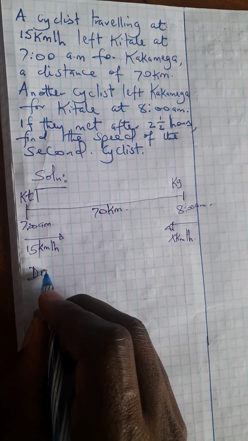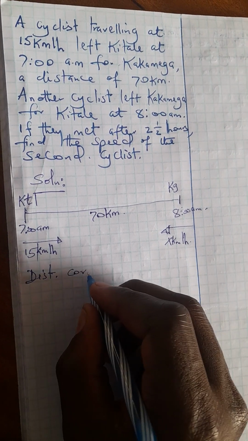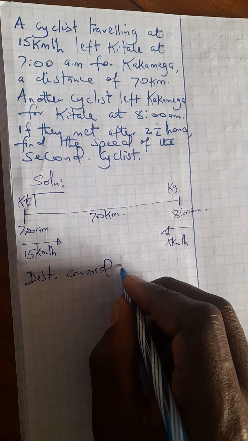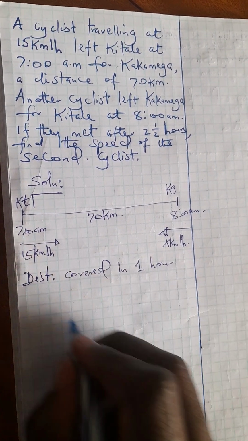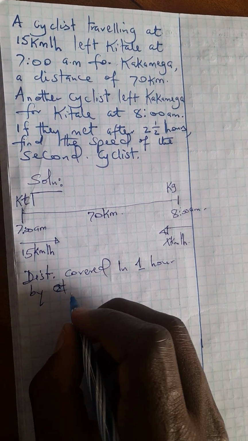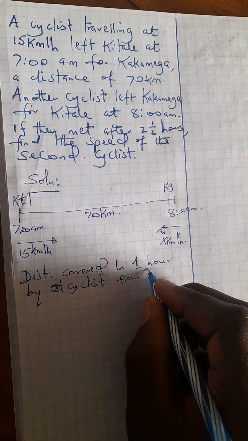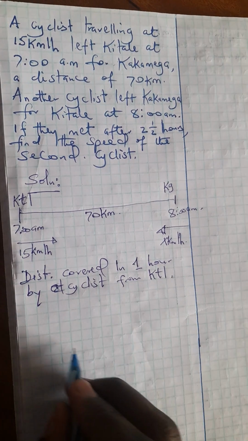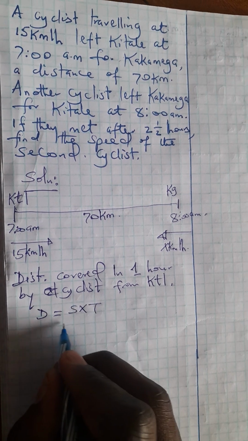So distance covered in 1 hour by cyclist from Kitale. Distance is given by speed times time.